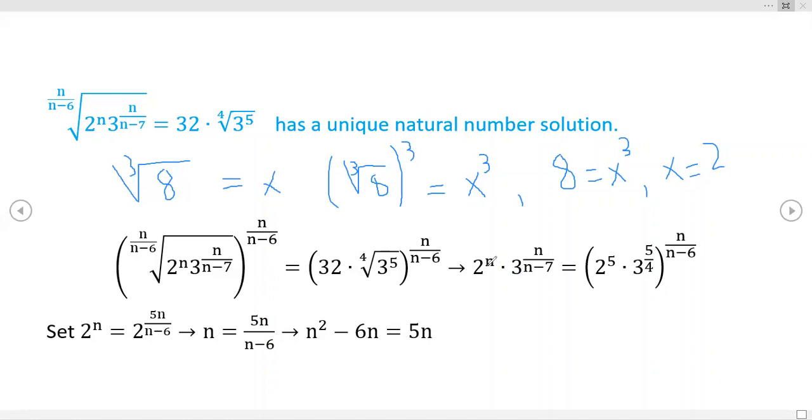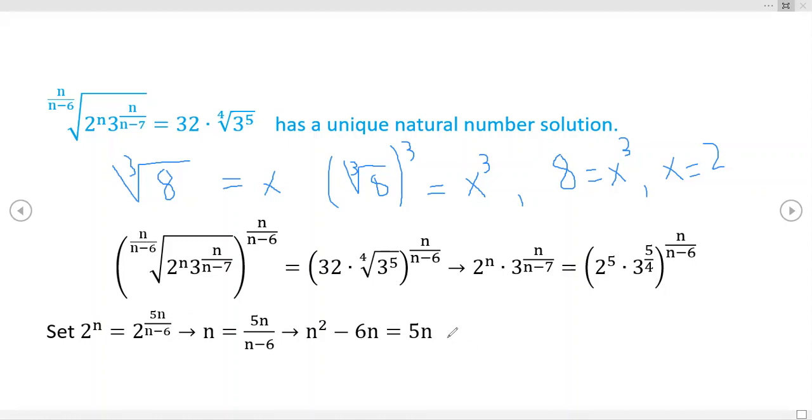I equated 2 raised to the n to, when you apply the laws of exponents, we multiply the 5 against the n over n minus 6. And since exponential functions are one-to-one, we can equate the exponents, which is exactly what this statement says: n equals 5 times n over n minus 6.